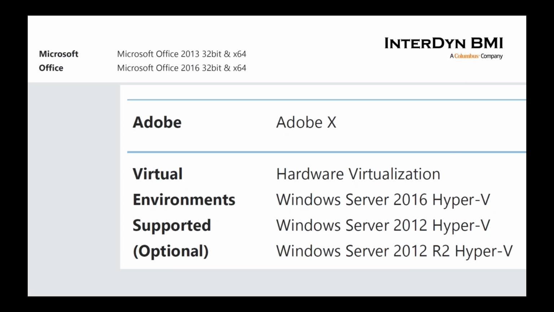There are people running GP on virtualized systems that I've never heard the name of before, and it runs just fine. So really any VM system will typically work okay. The technically supported platform, though, of course, is Microsoft Hyper-V. But again, if you're running VMware, you don't have to change that at all.